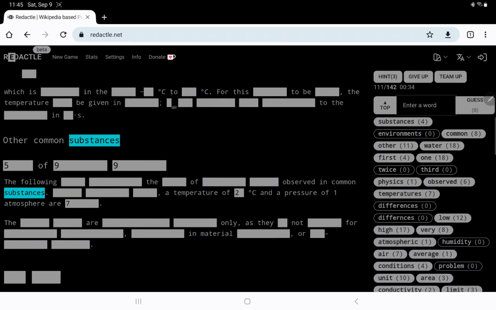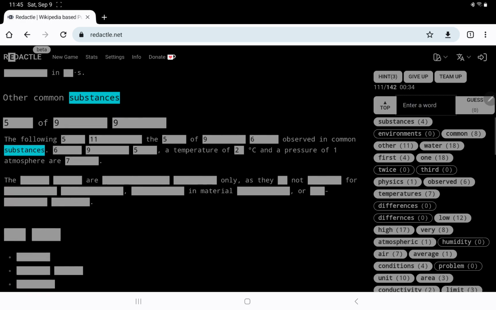Okay. The following 5, 11, the 5 of 9, 6 observed in common substances. Unlike. Oh, unlike is not redacted. Interesting. Now this may be a table that is not being displayed to us.